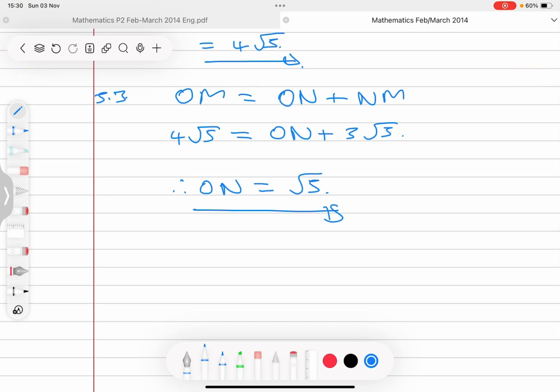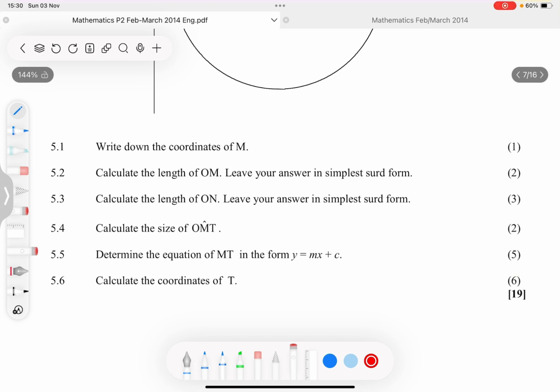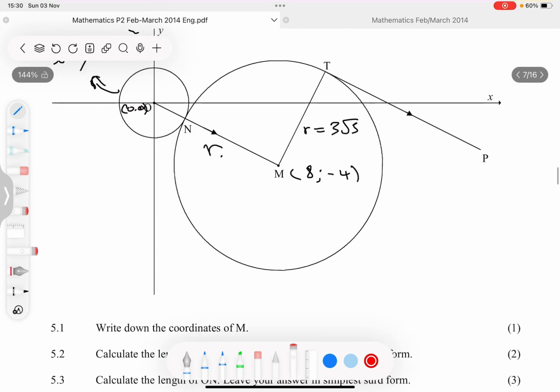We then jump to question 4.5 that says calculate the angle OMT, the angle M. So basically we're looking for the angle M. OMT. We're looking for this angle here. Right. Now, to be able to get this angle, you have to realize that this line is parallel to this line, right?